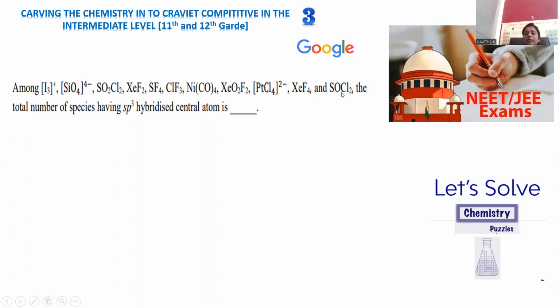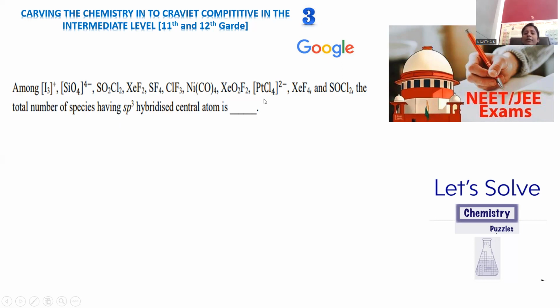Multiple compounds are provided to you. So among all these compounds, we have to identify how many species are accompanied by sp3 hybridization.